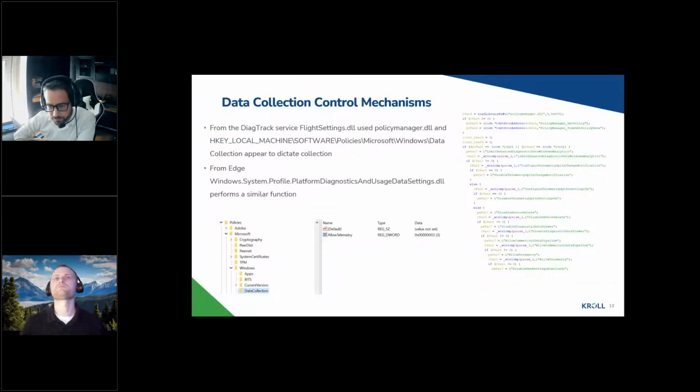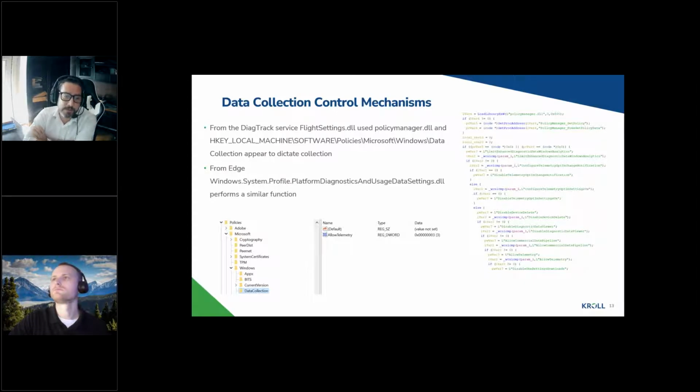So now we're going to talk about some of the control mechanisms that impact logging. Like I said, some of these things are enabled, some are not, but the data is there. So how do we figure out if the data gets sent to the database and then, as a result, sent back to Microsoft? Now, inside of the DiagTrack service, there is a DLL that is used called FlightSettings.dll.